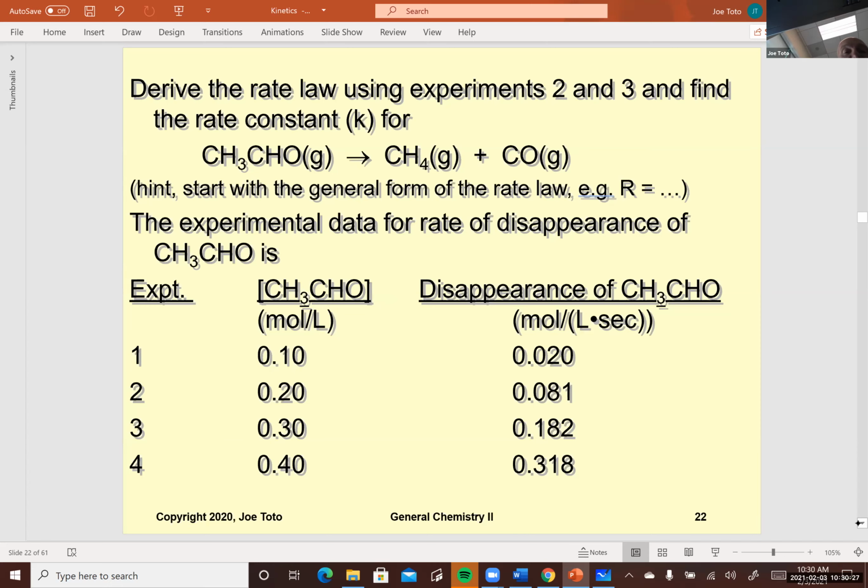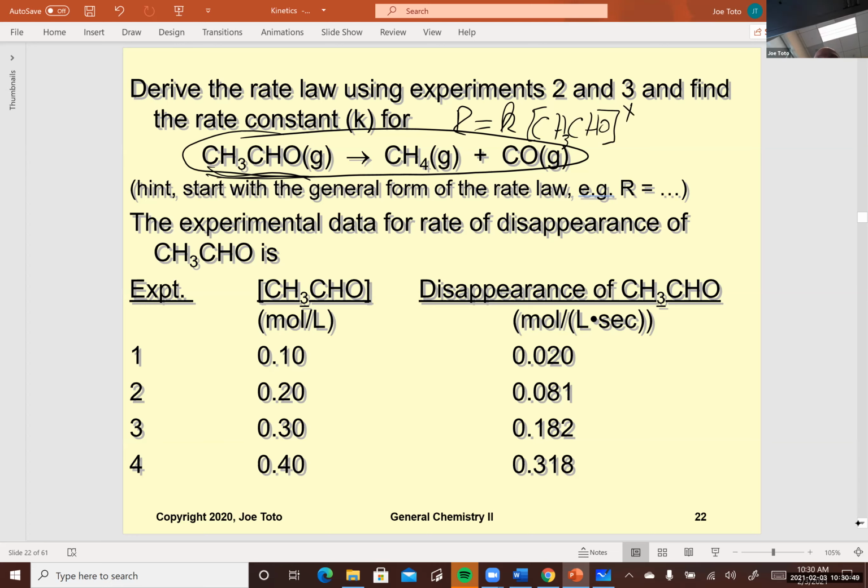Here I have some reaction that I want to find the rate law for. I know the form as soon as I see it. As soon as I see that there's only one reactant, the form is going to be rate equals k times the concentration to some power.